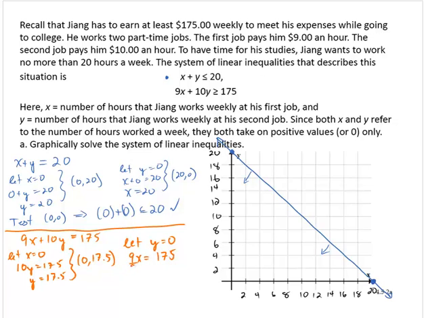Dividing through by 9, x is approximately 19.4. And so I have an x-intercept of (19.4, 0).